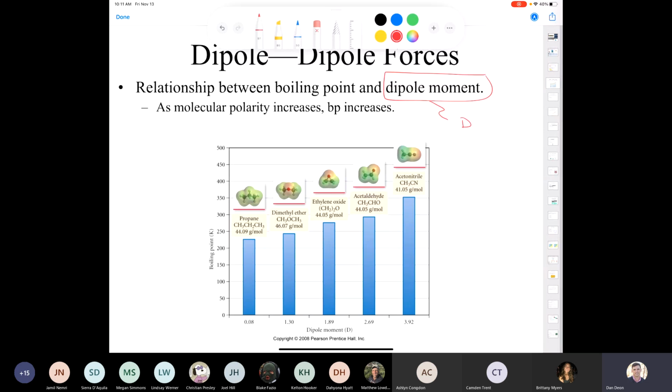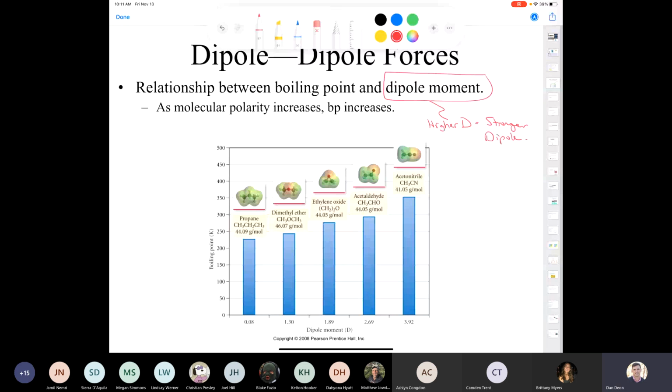I'm never gonna ask you to calculate Debyes in this class. I wouldn't say it's beyond the scope of our class, but it's just not something we cover in Chemistry 1401. All I'm telling you is that the higher the D, the stronger the dipole. Nothing more than that.